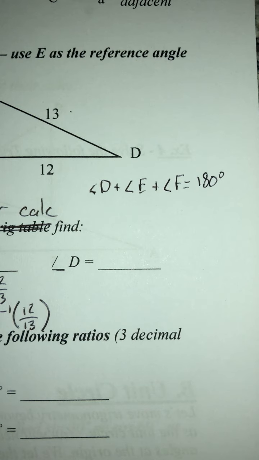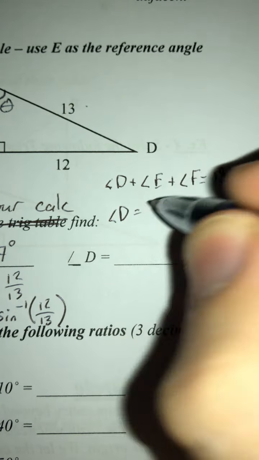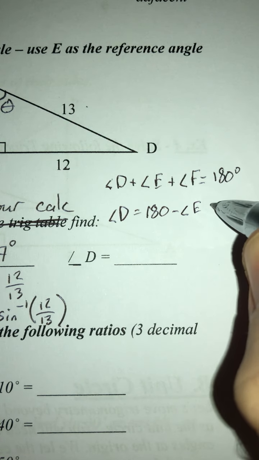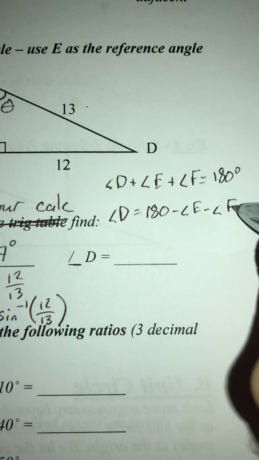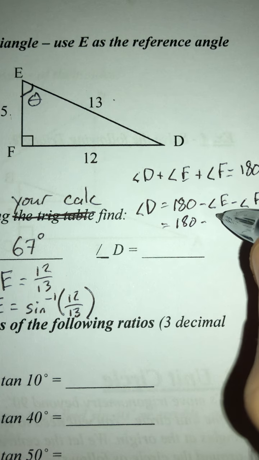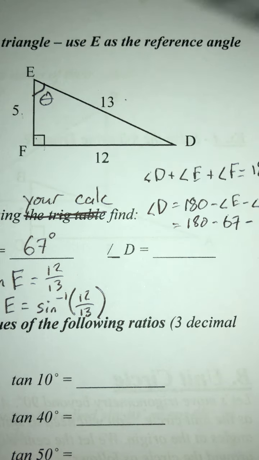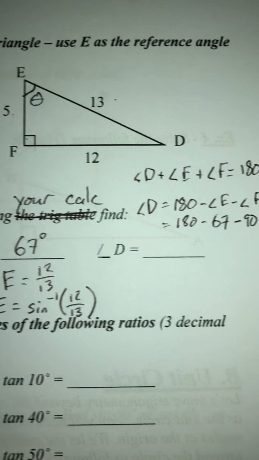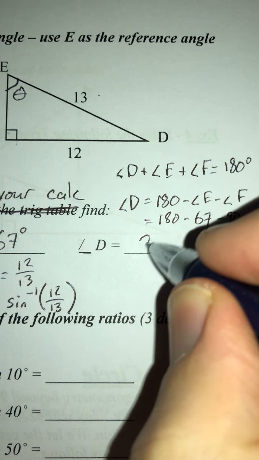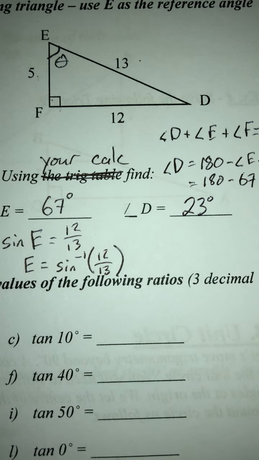You just need to know it does exist. So if I want to solve for angle D, this is going to equal 180 minus angle E minus angle F. So 180 minus angle E we just solved for, 67, minus angle F. This little box here means it's 90 degrees. So then solve that, we get 23 degrees. So there you go.